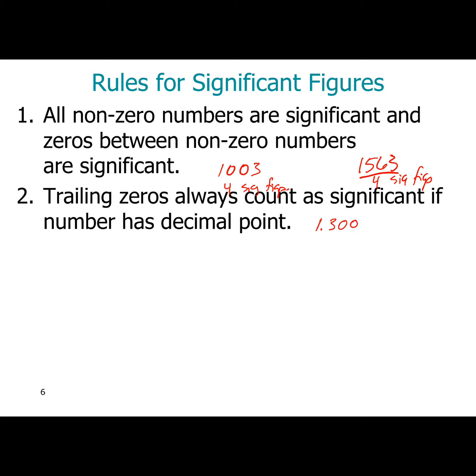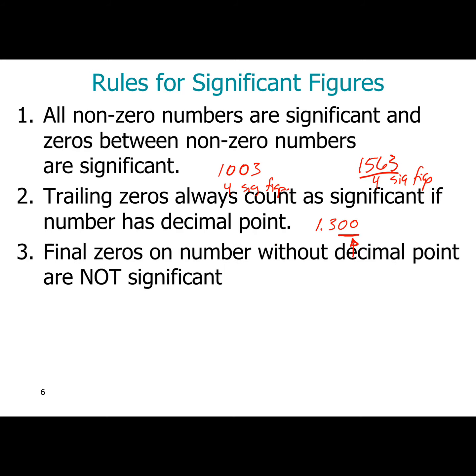Those 2 zeros are considered trailing zeros, final zeros, and there's no other reason to put them there other than to share with other researchers that you measured to the thousandths place. So those 2 zeros are definitely significant. They're trailing zeros in a number that has a decimal point, and they're definitely significant.